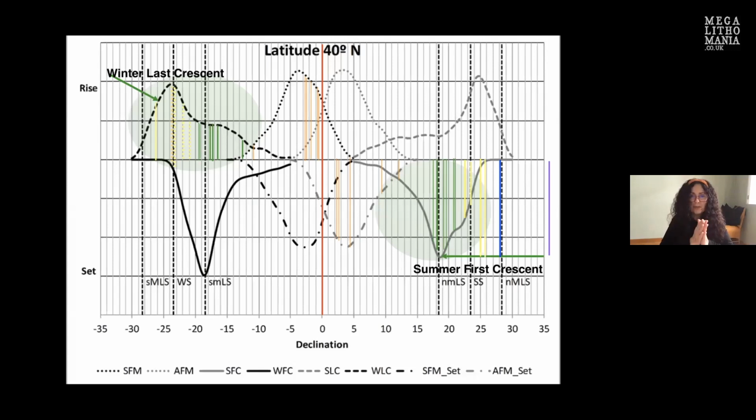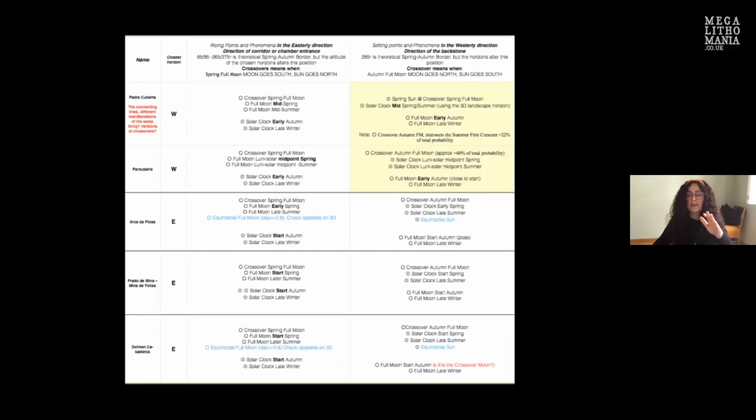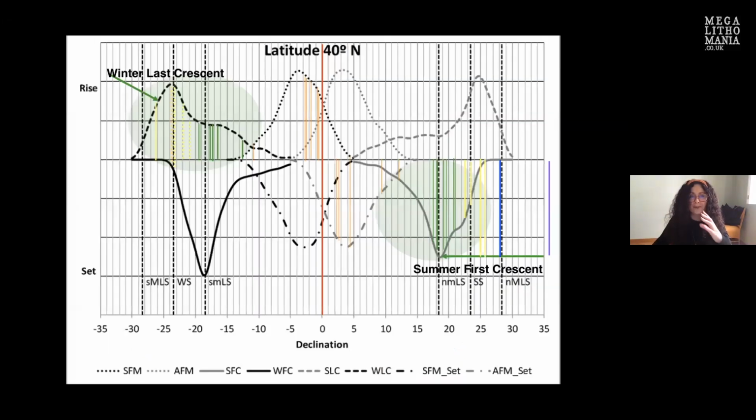Okay, so what we've got are solar orientations. If they're solar, they're looking at the seasons, okay? The other thing that is very interesting that I'm not going to describe here because we don't have enough time really, but I think this is really important part of this, is remember we had a lot of orientations connected to the minor lunar standstill.